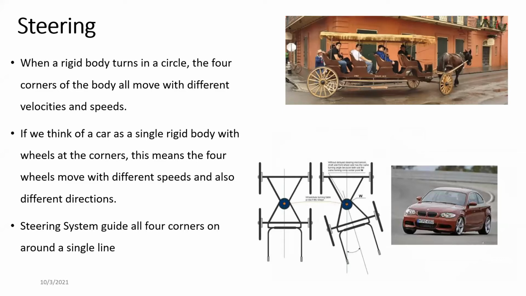The steering is supposed to have a specific geometry or specific characteristics in order for the rear wheels to follow the front wheels, right? The basic idea is that both axles will be following the same line.